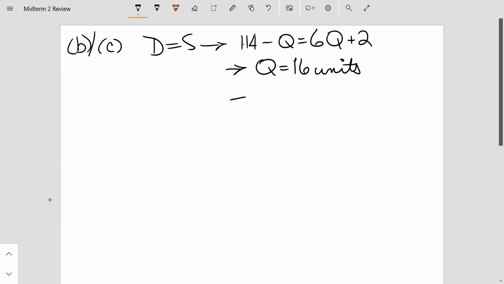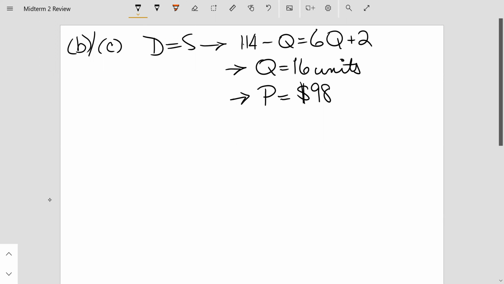And then plug this in, and you get P is equal to $98. So far we have the total amount of units in the market, the price being offered.